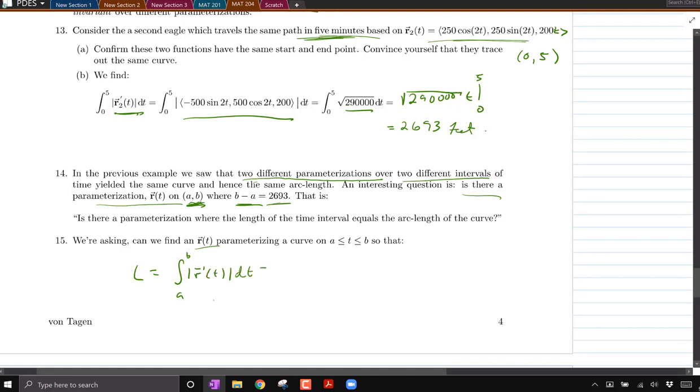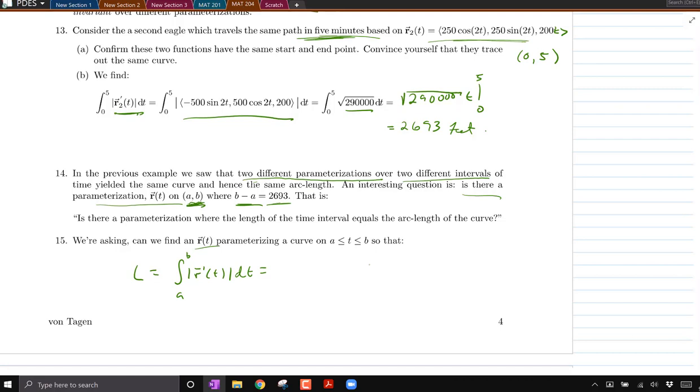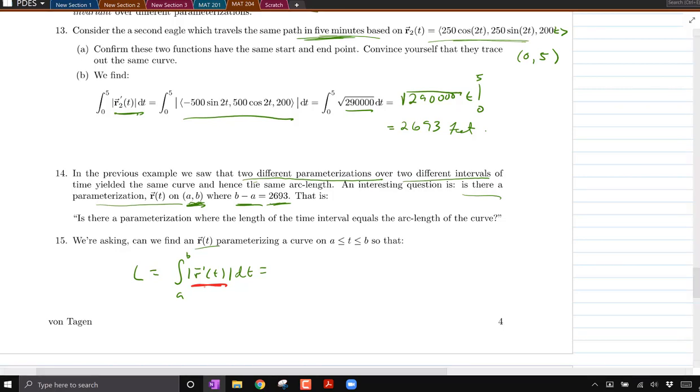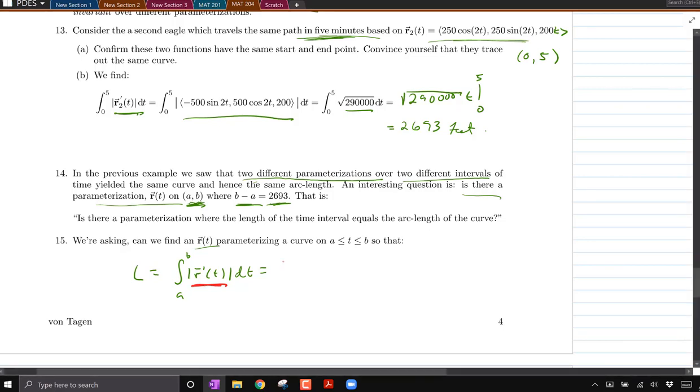But real quick, folks, if this is going to take 2,693 minutes, we just said that the speed part of this has to be 1. I'm going to say that on the next page, but since we've already said it, let's say it now. So that's going to be the integral from a to b of just 1 dt, which is equal to t evaluated from a to b, which is just equal to b minus a.